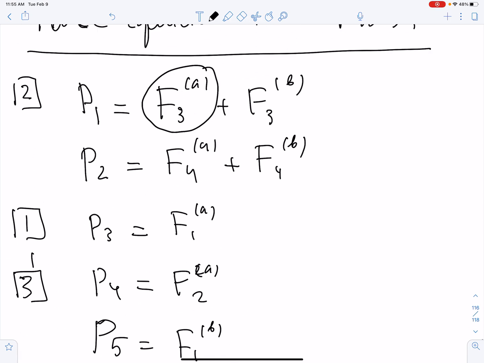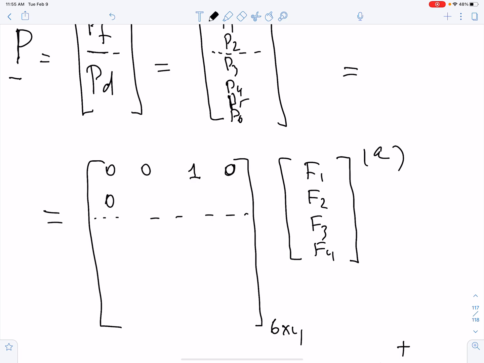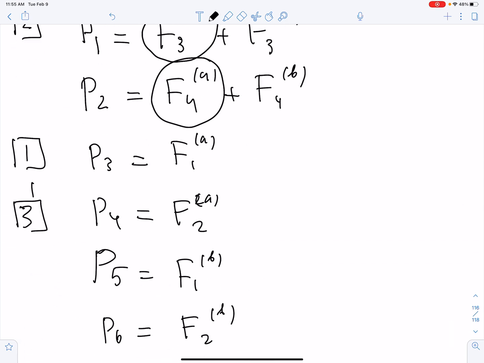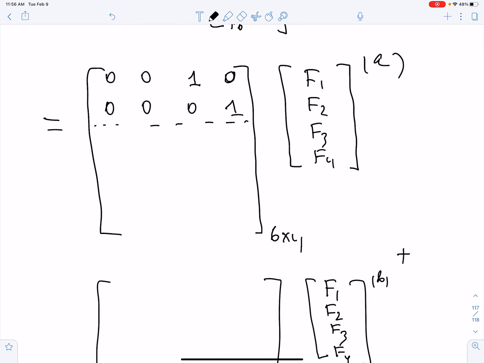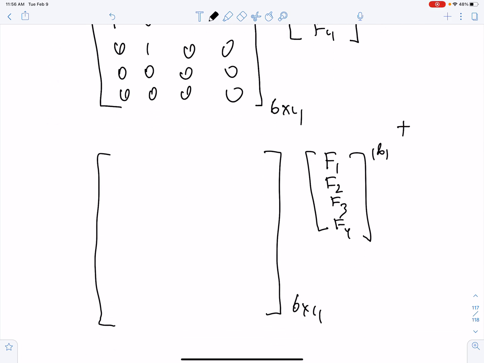P2 depends on F4, so the first 3 entries are 0, and we have a 1 here. Then P3, P4, P5, P6: from element A, only P3 and P4 will be affected, and the entries are 1 and 2, respectively. This translates into the following structure: 0, 1, 0, 0. And then the last 2 entries of the global force vector are not affected. It's like this.